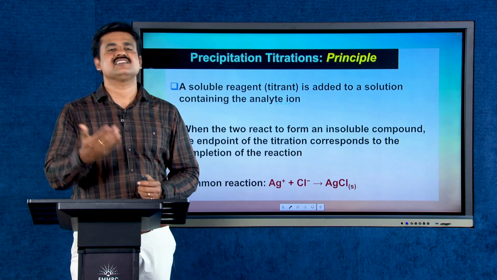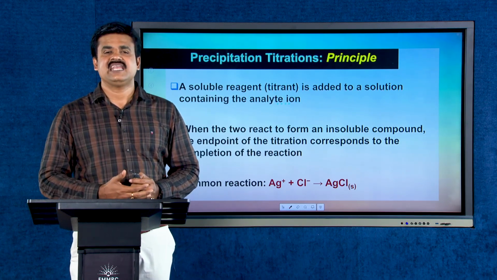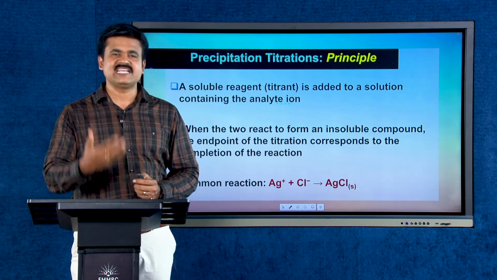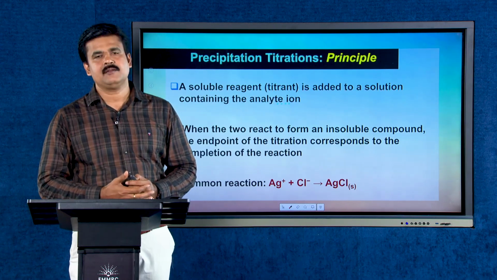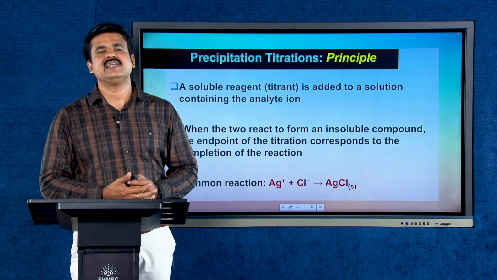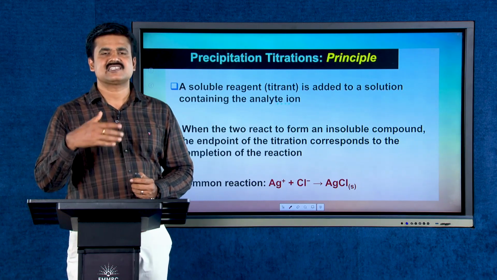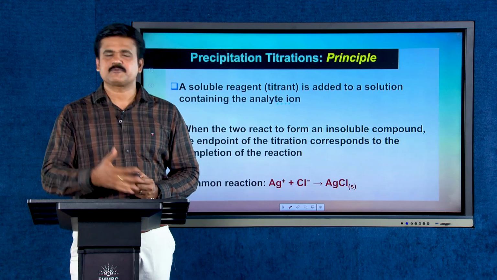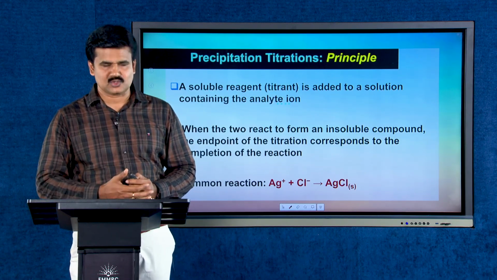In order to estimate the amount of Cl- ion present in that sample, you can add Ag+ ions in the form of AgNO3, and the Cl- present in the solution is precipitated as AgCl, and the end point can be determined by a kind of indicators called adsorption indicators. We will discuss more about adsorption indicators in the coming slides. By this procedure, you can estimate the Cl- ions present in the given solution.